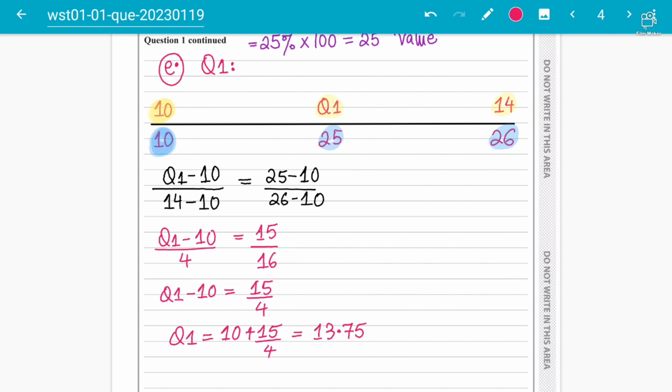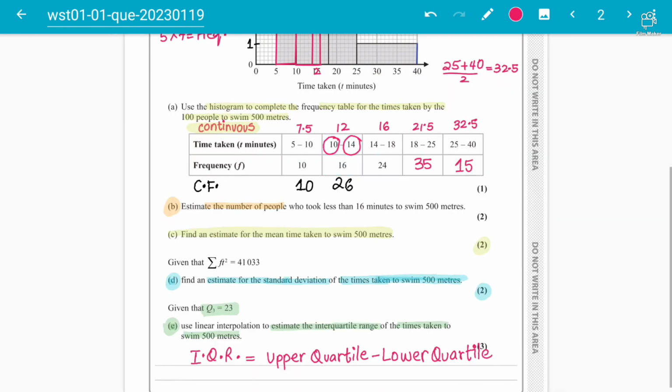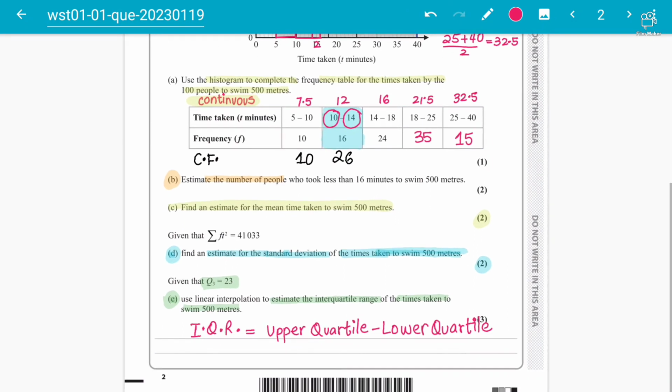That is absolutely correct, because it's very close to 14, and that was our target. So 13.75 is the lower quartile.